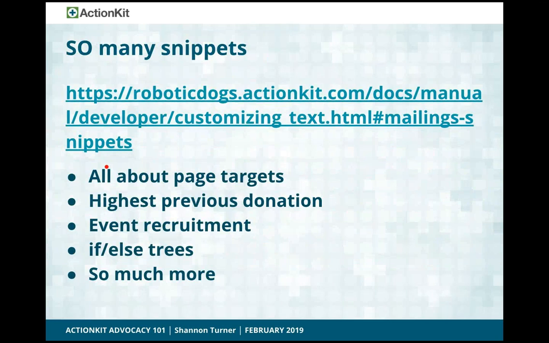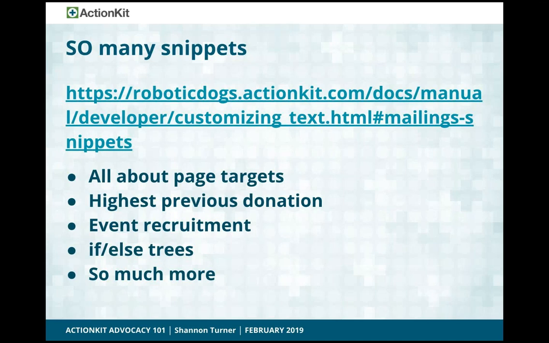There are so many snippets available to you, and we really don't have time to go into all of them. So I want to share just a few to get your gears turning. You can tell someone to call their senator by name and give their senator's phone number, including local office numbers. There's every option to make your sentences with those targets grammatically correct, saying he or she or they as appropriate, or his or her or their as appropriate.